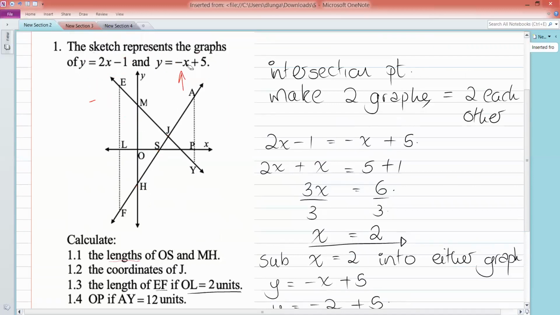What are they telling us? They're telling us that the distance from O to L, that distance there, is 2 units. If the distance from O to L is 2 units, what's this coordinate actually equal to? The x one, what's the x coordinate equal to?